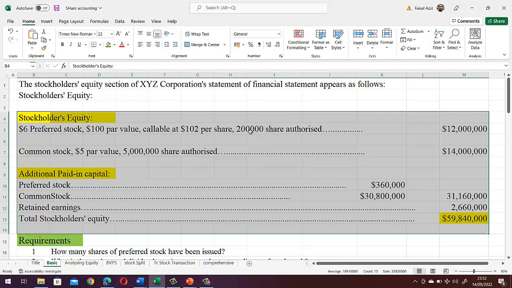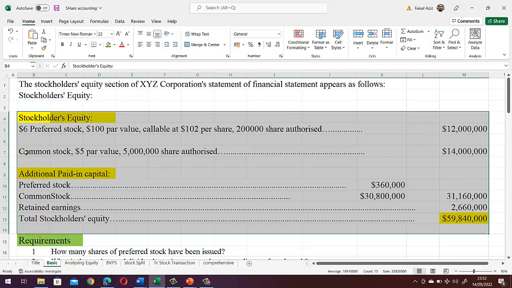The number of shares authorized is 200,000. As of now we do not know how many preferred shares have been issued, but whatever they have issued, the money they have collected is $12 million.